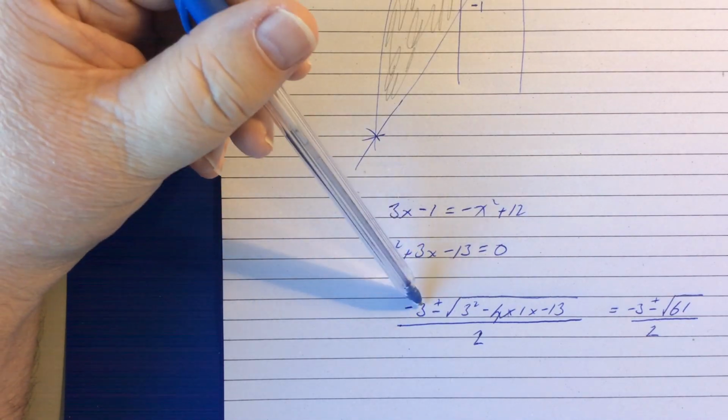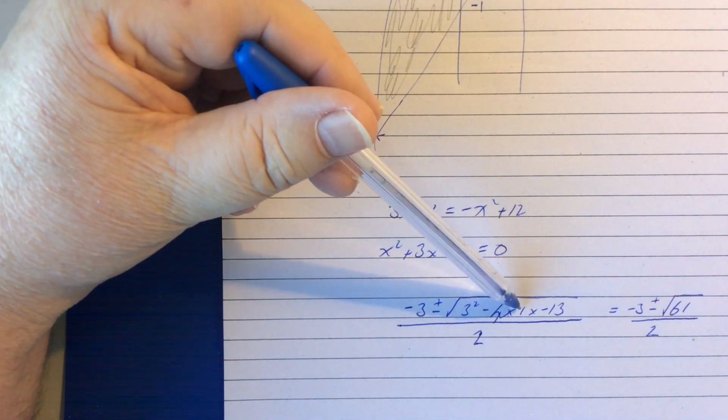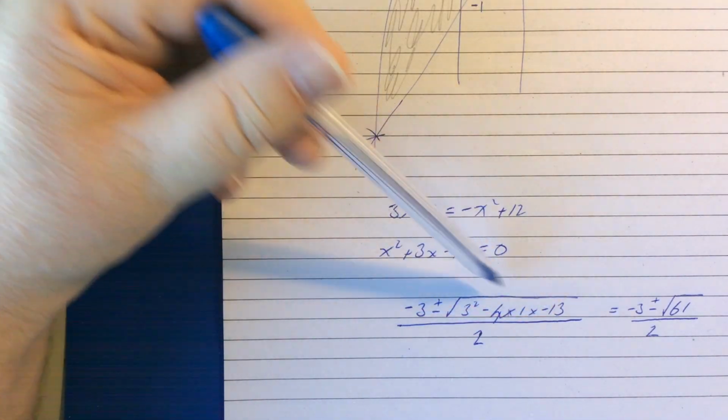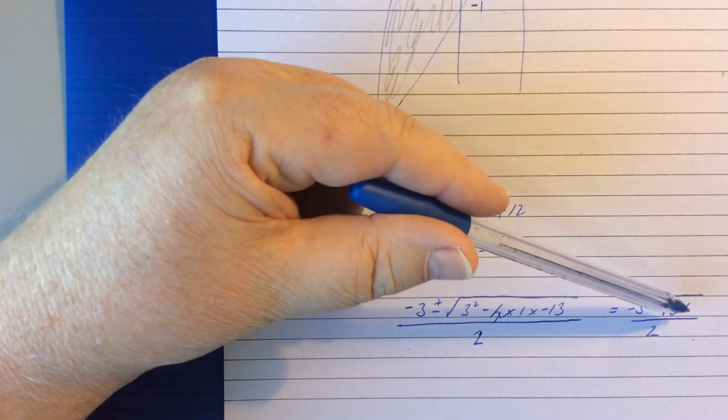Negative b, negative 3, plus or minus the square root of b squared minus 4 times a times c. Now this gives me a value in here of 61.